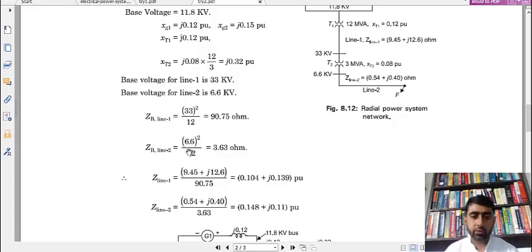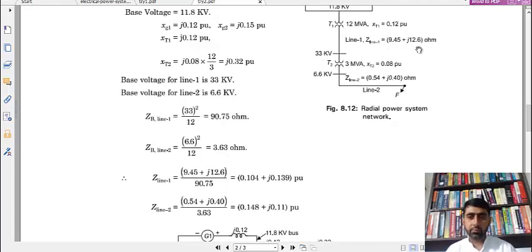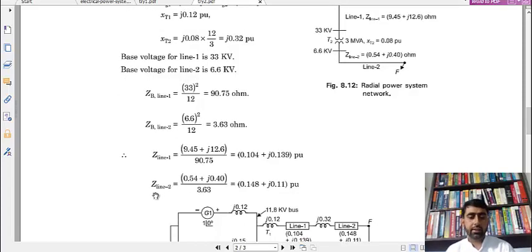ZB line 2 is equal to 6.6 squared by 12, which comes out to 3.63. So Z line 1 in per unit will be 9.45 plus j12.6 divided by 90.75, which comes out to this value. Similarly, the impedance of line 2 will be its actual value divided by its base value, which comes out to this.